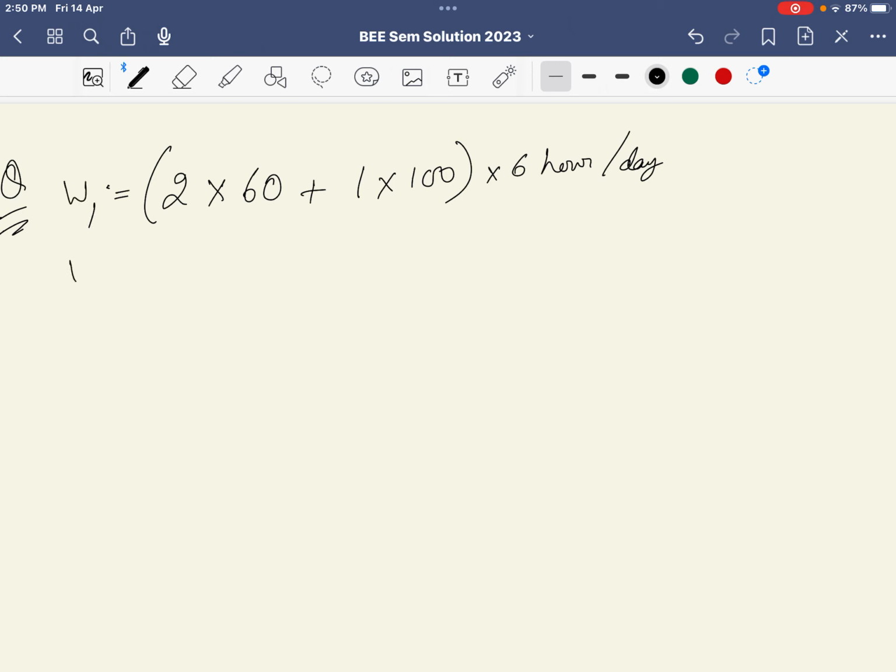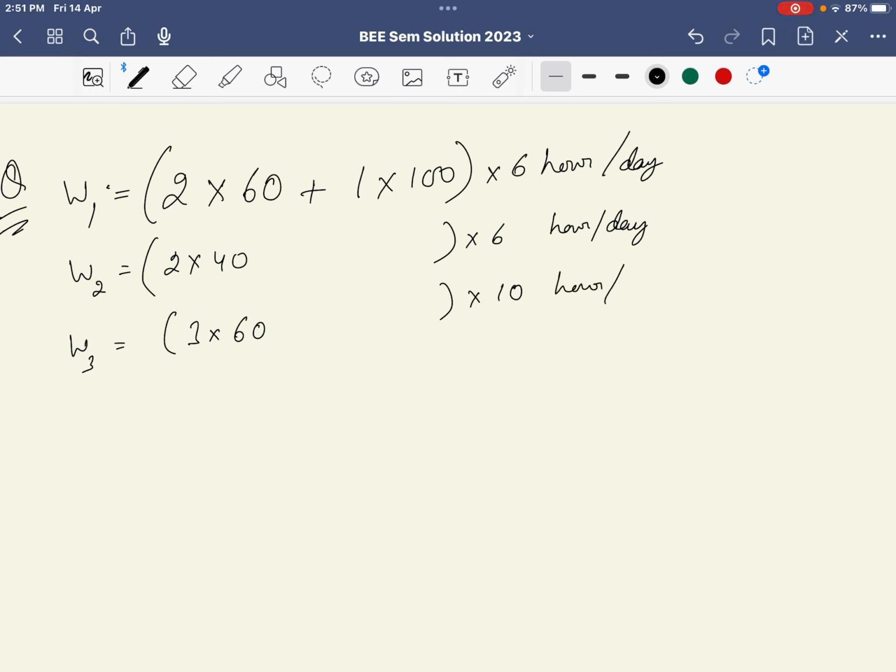This I can say is W1. For W2 we have two tube lights of 40 watts only, so 2 into 40, run for 6 hours per day. You can assume this is the consumption of load in a household. Then three fans each of 60 watt, running on average 10 hours per day.